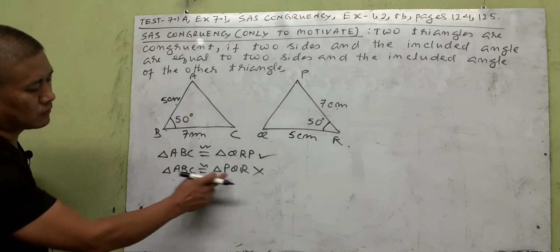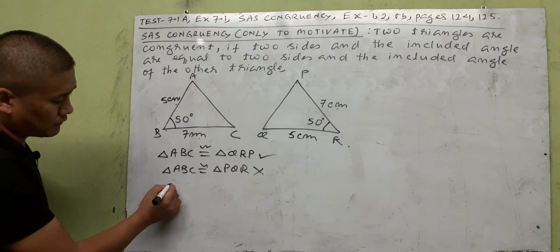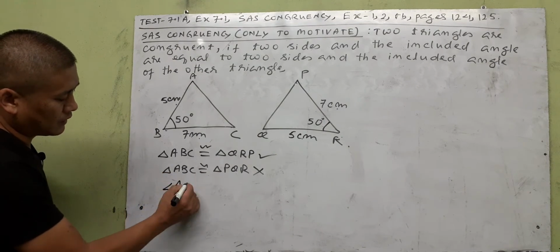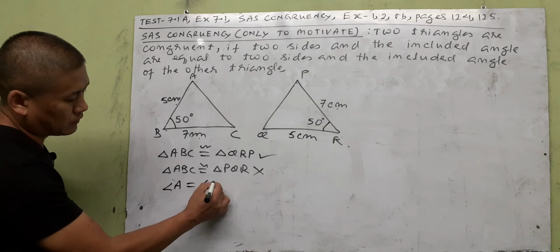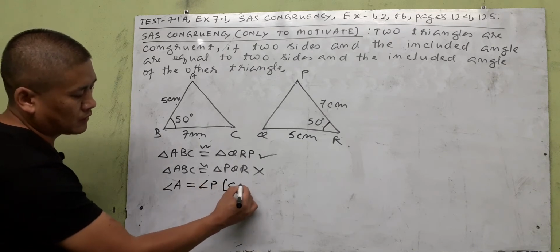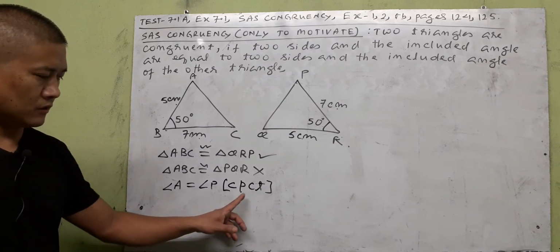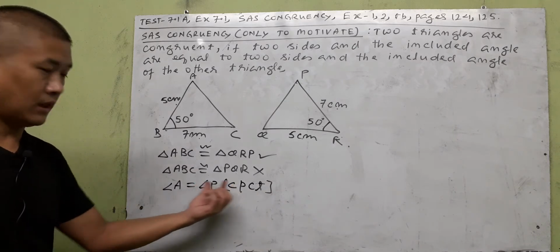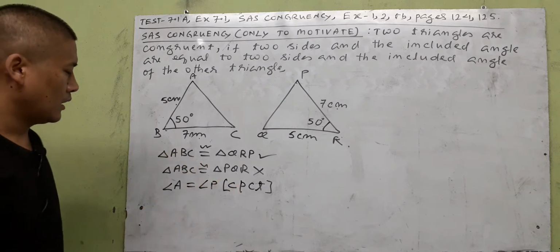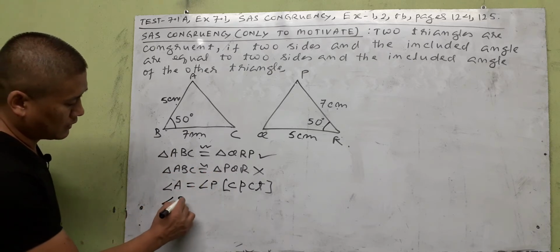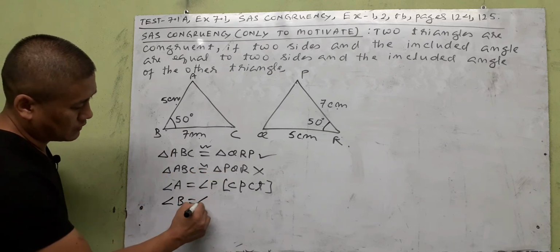So now when two triangles are congruent, then this will always follow: the three angles of the triangle, first letter, angle A, first letter, that is called corresponding angle. We can write in short as CPCT, which means corresponding parts of congruent triangles. They are always equal, whether angles or sides. The second letter is B here in the first triangle, and the second letter in the other.